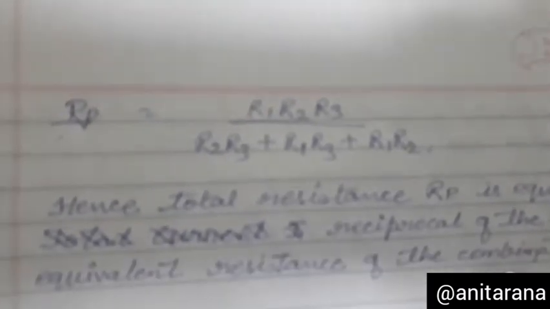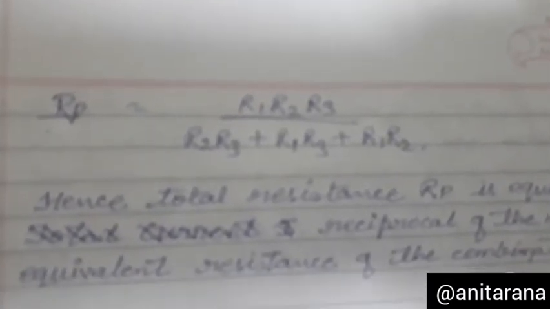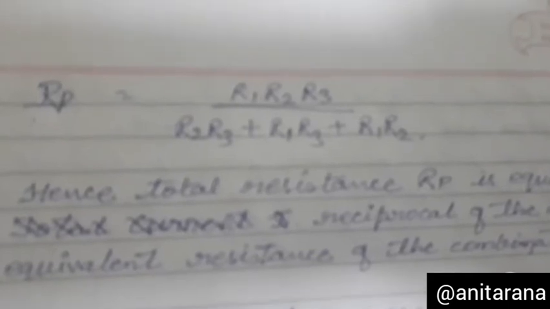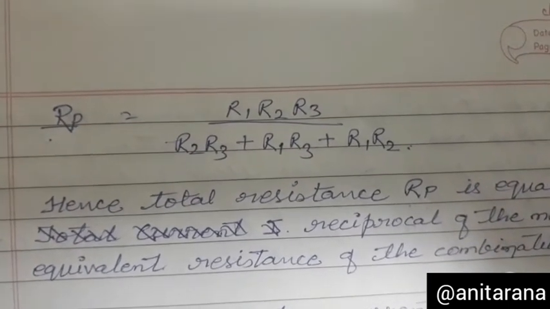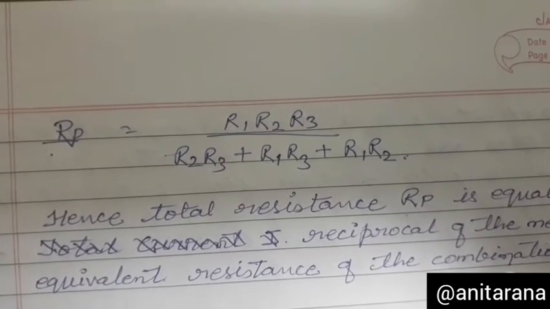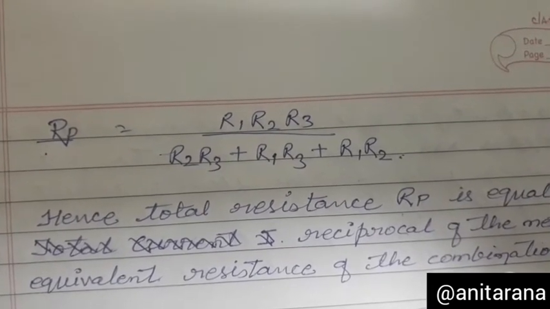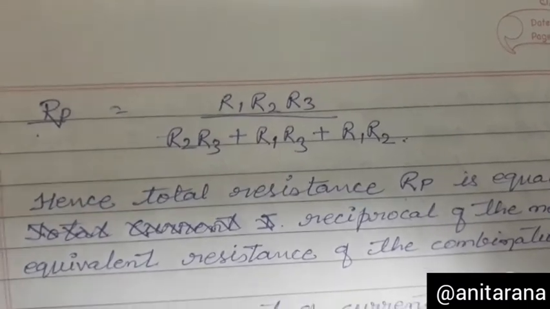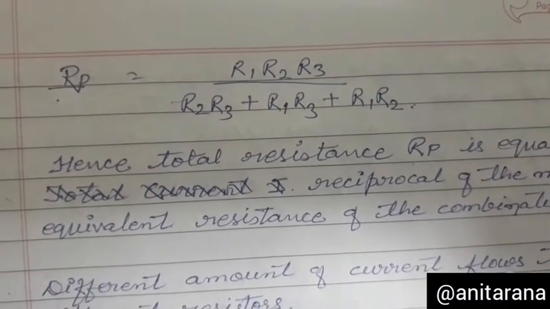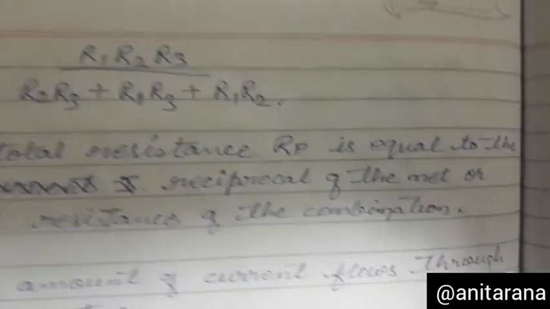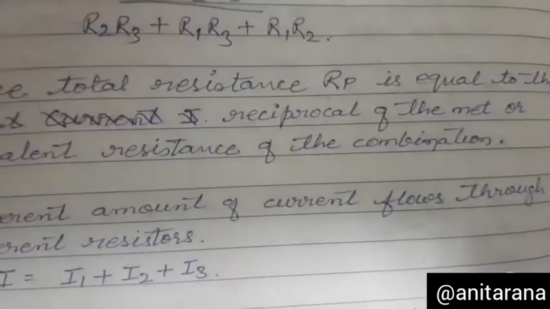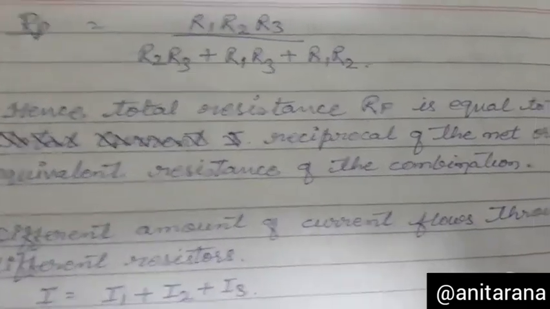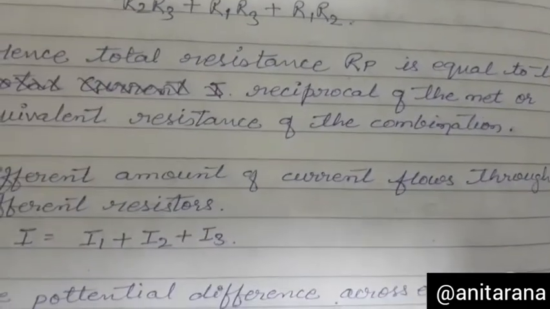Now if we have to find Rp, what will we do? We will simply reciprocate it again, and Rp is equal to R1R2R3 upon (R2R3 plus R1R3 plus R1R2). So from here we conclude that the reciprocal of the total resistance Rp is the sum of the reciprocals of the resistances of the combination.